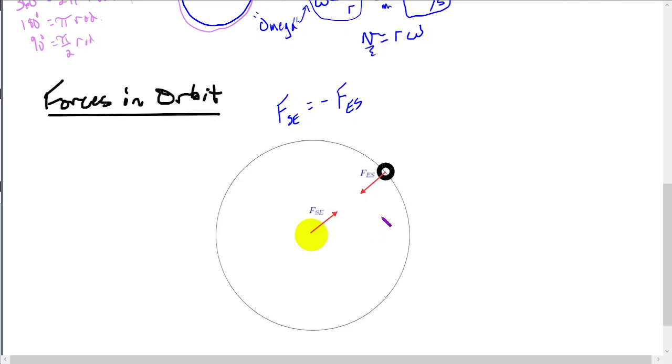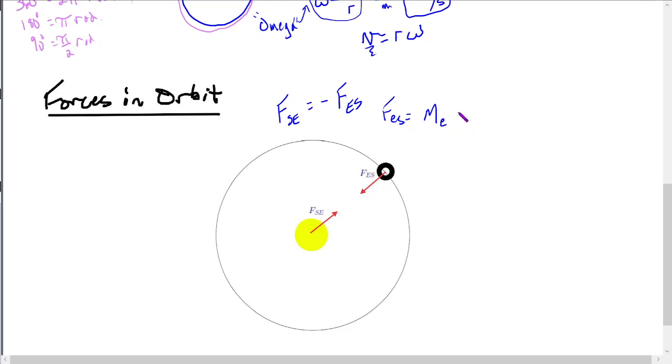Okay, and so these forces are given by the mass of your object, right? So the force acting here on Earth, so the force F_ES equals the mass of the Earth. Mind you, this is the Earth-Sun system.